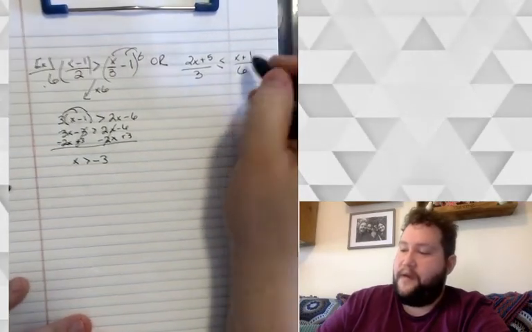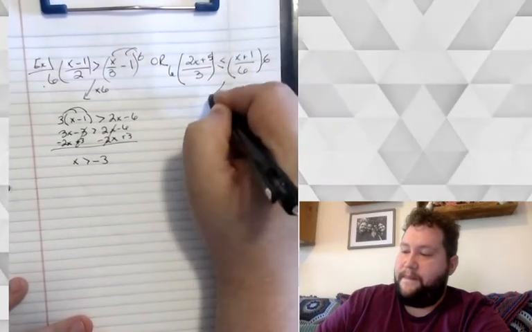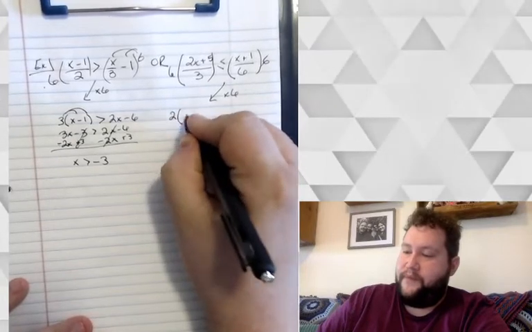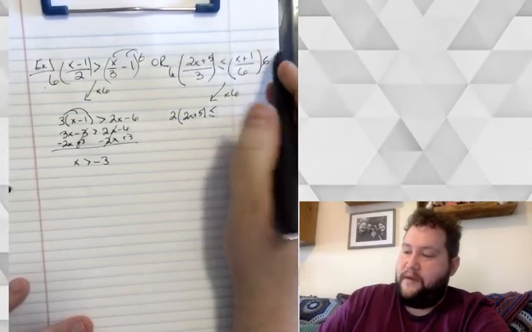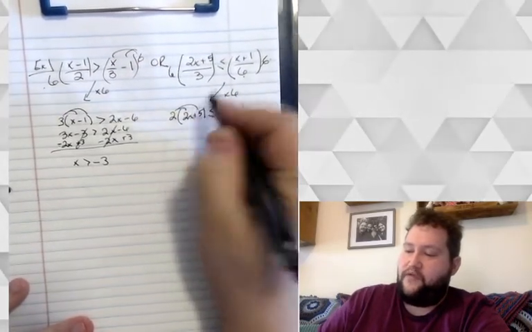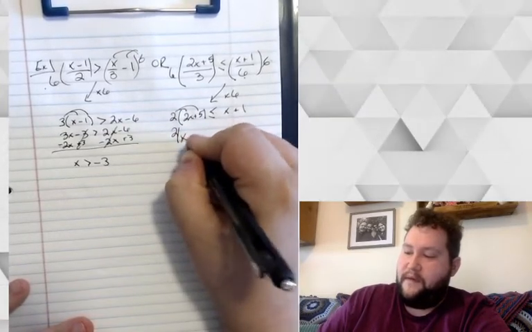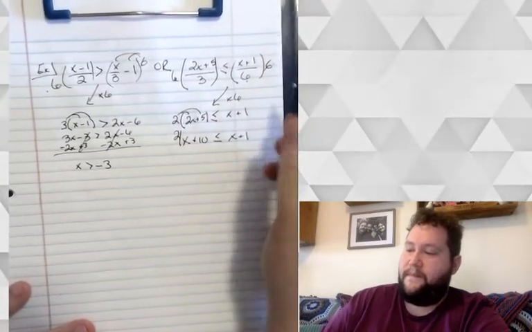And then with our other one, it turns out we can multiply both sides by 6 again. And we end up getting 2x plus 5 less than or equal to, 6 divided by 6 just leaves us with x plus 1. Distribute that. We have 2 times 2, which is 4x plus 10 less than or equal to x plus 1.